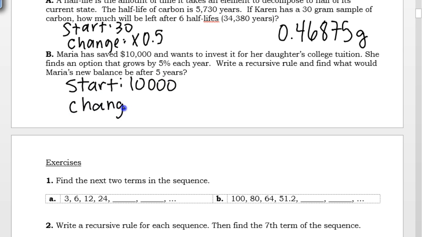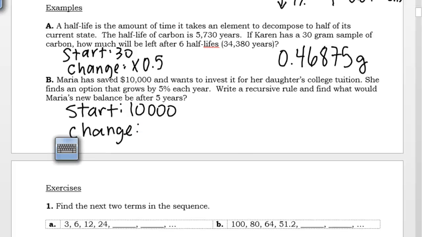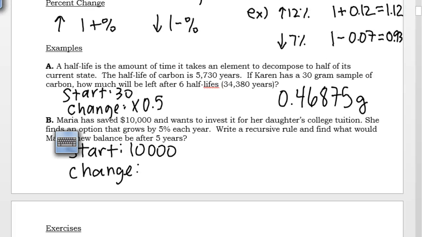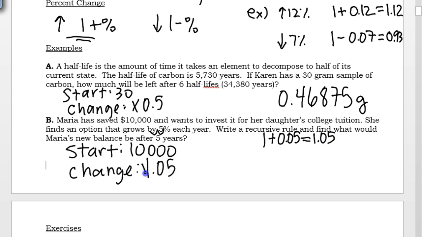And to calculate the percent change, I need to use my percent change formula. And since I am increasing by 5%, I'm going to use the percent increase formula. I'll do that off to the side. We have 1 plus 5%, which we move that decimal 2 places, 0.05. 1.05 is the change.